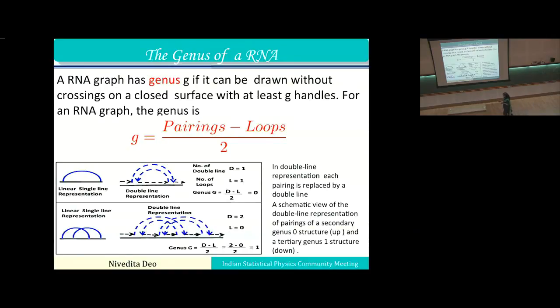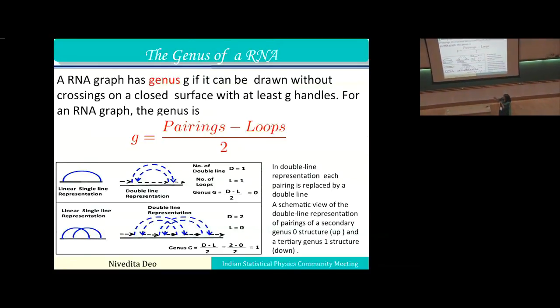Okay, so I've just demonstrated here. This is sort of a sphere, if you can imagine this. Here is the RNA structure which I've just wrapped around on the surface.